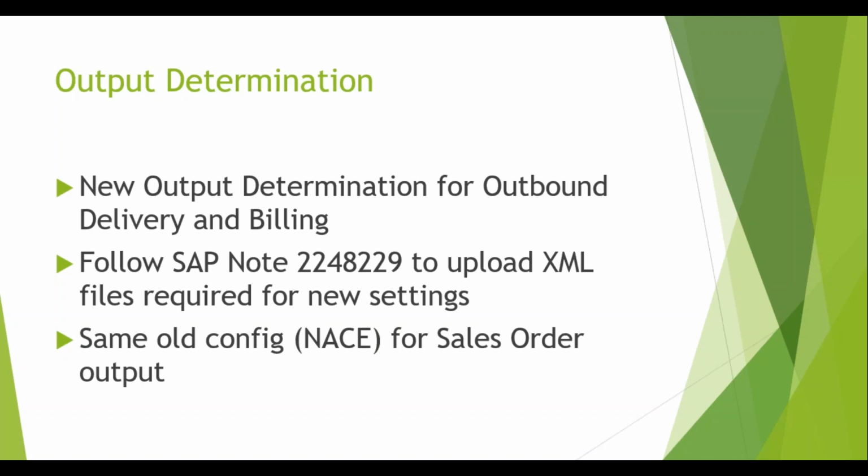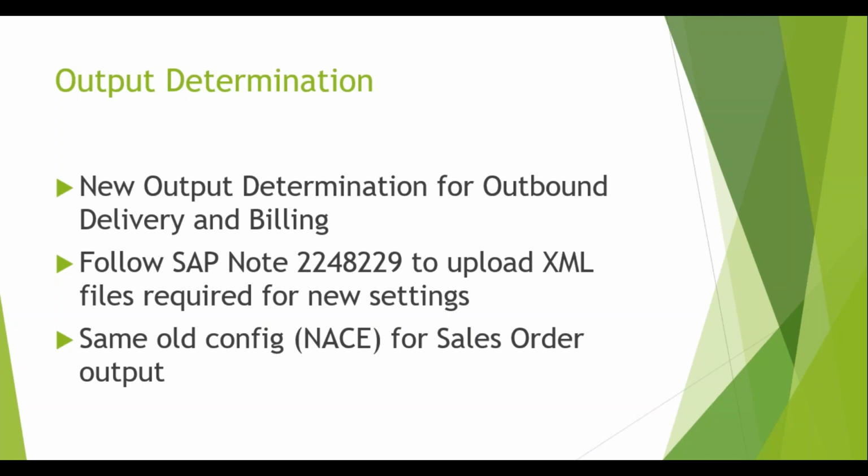The choice is with the customer whether they want to continue using the new output determination or switch back to NACE. Before you go and configure OPD, I showed you, you need to upload some XML files. It will be done by your technical consultant, but this is the SAP note.